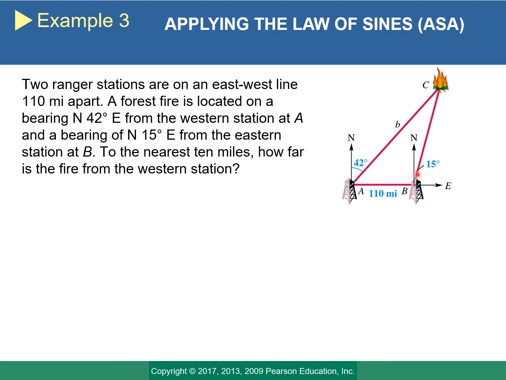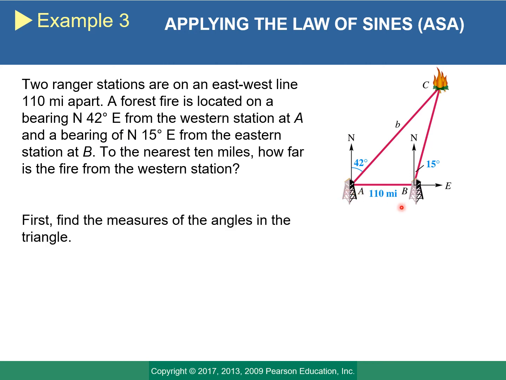And so angle B is also inside the triangle, which we don't have just yet. We do know that they're 110 miles apart, so we know this length here is 110. So we actually don't have angles A and B, even though we might have thought we have them from this bearing information. We still have to do a little work to find them.